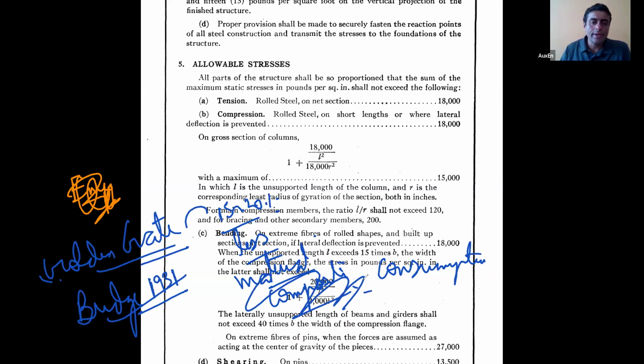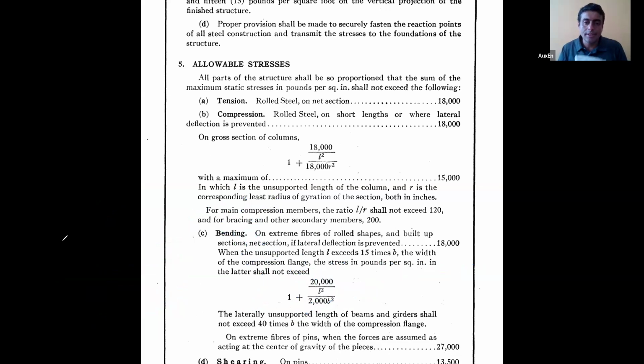So in tension itself, we see a direct 10% decrease in material consumption if I design in tension today compared to designing a section for tension 100 years ago. Is that clear?